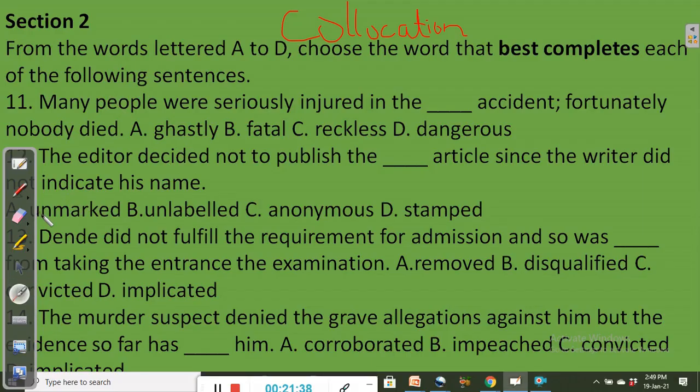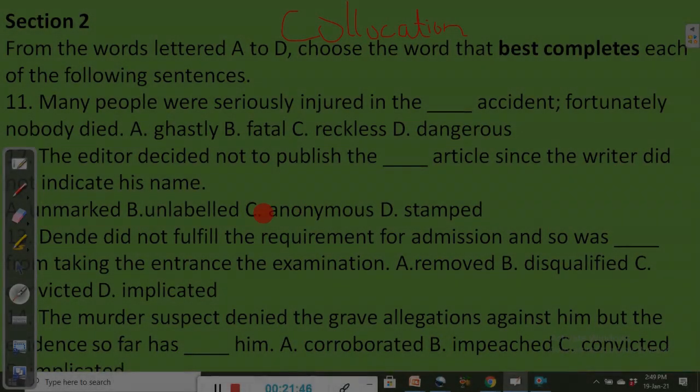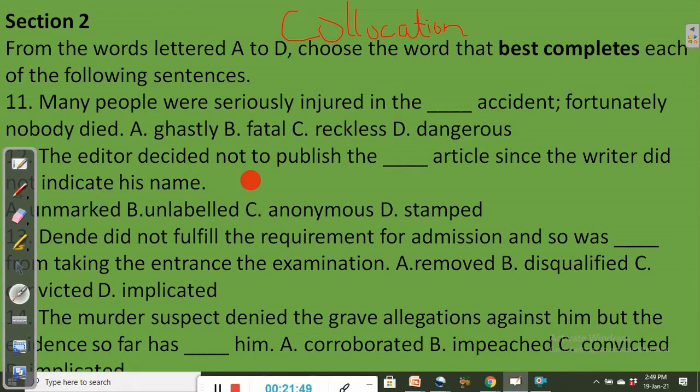So we go now to question number 12. The editor decided not to publish the dash article since the writer did not indicate his name. So we look at the context, a word that will describe an article and fits into the meaning given here. Option A, unmarked, B, unlabeled, C, anonymous, D, stamped. Now, if the writer did not indicate his name, then the article can be described as an unnamed article.